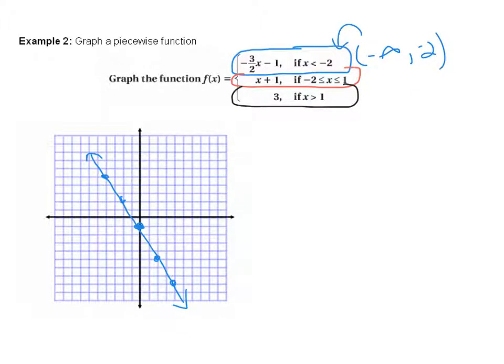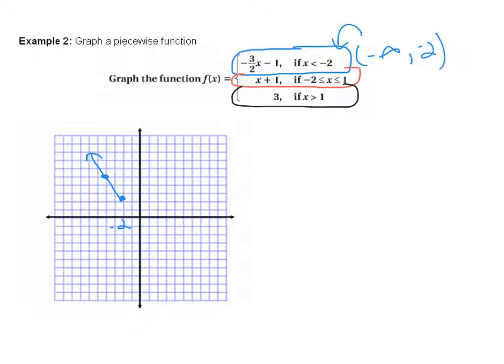As you can see right now, I have way too many pieces. My x value of -2 is right there, so I can get rid of all this business that's beyond -2.